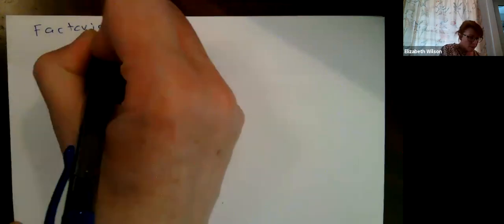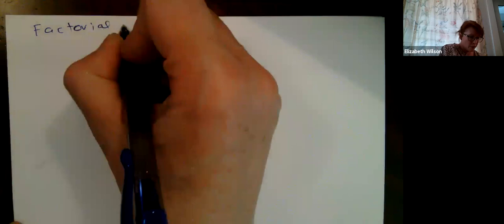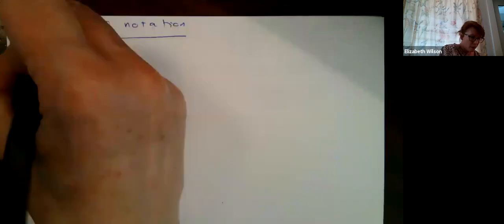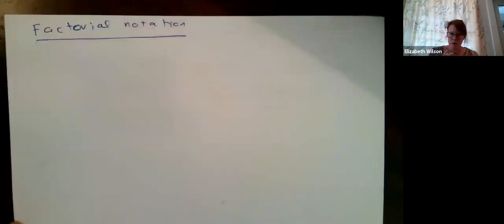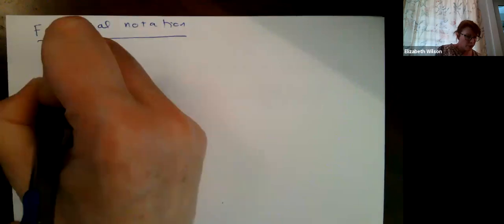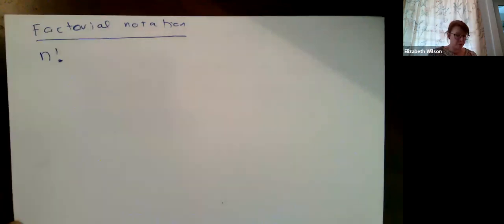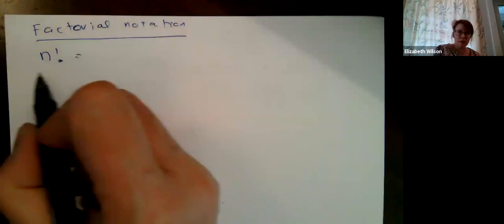Before I give you the second rule, I just want to talk about what's called factorial notation. Some of you may have seen this. In case you haven't, we're just going to discuss it really quick. So we call it n factorial, looks like an exclamation mark. And what that means is a series of multiplications.